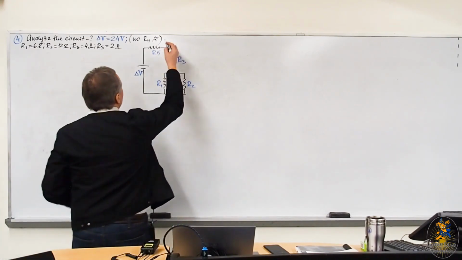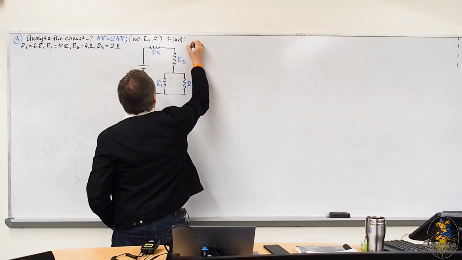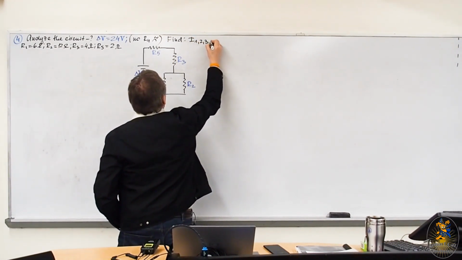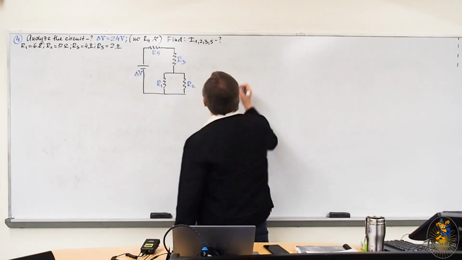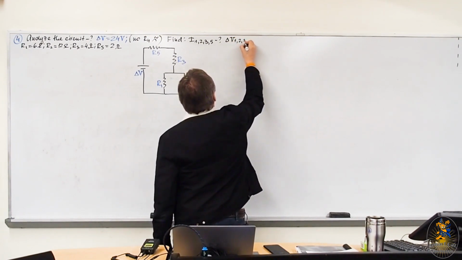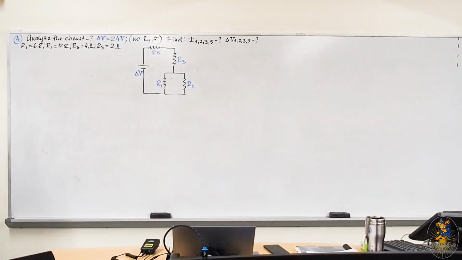So effectively, we need to find I1, I2, I3, and since 4 is missing, I5, and the delta V's, the same: delta V1, 2, 3, and 5. These are our unknowns, tons of unknowns.